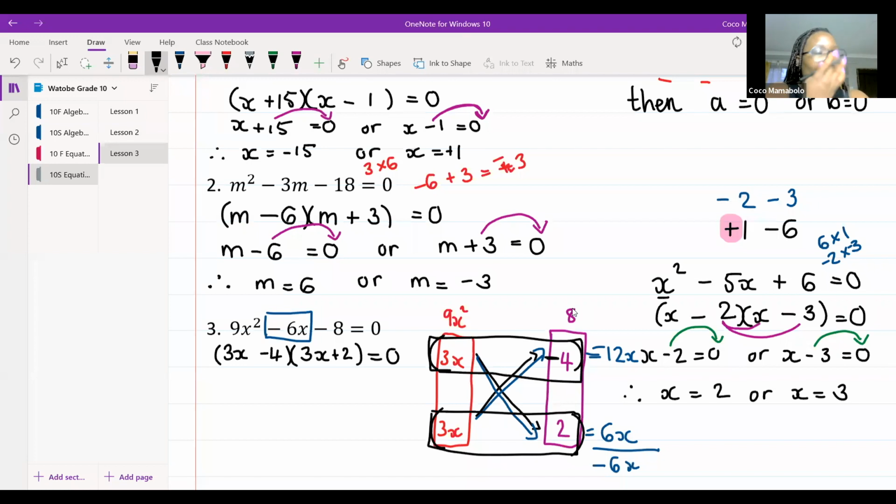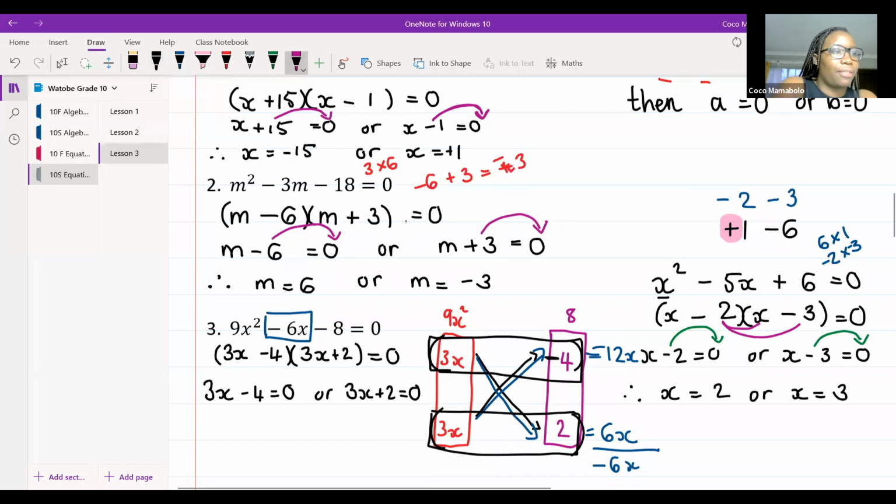All right. Now, because I've got 2 things multiplying to equal 0, I can make them each equal to 0. I need to now go 3x minus 4 is equal to 0, or 3x plus 2 is equal to 0. That's it. And then I can solve for x.